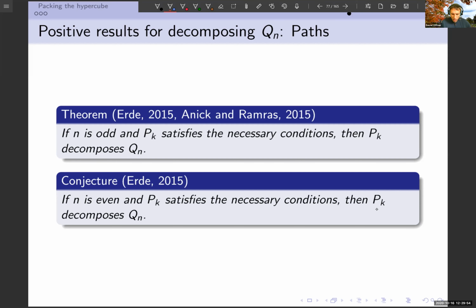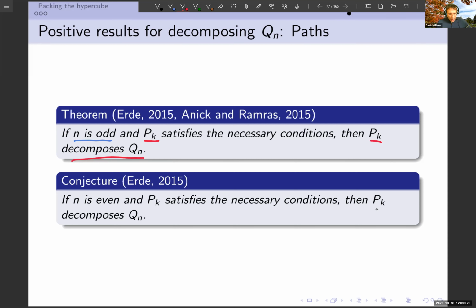In 2015, Erdi and, independently, Anik and Ramras proved this theorem for odd hypercubes. If n is odd, and I have a path of length k that satisfies the necessary conditions, then it decomposes the hypercube.